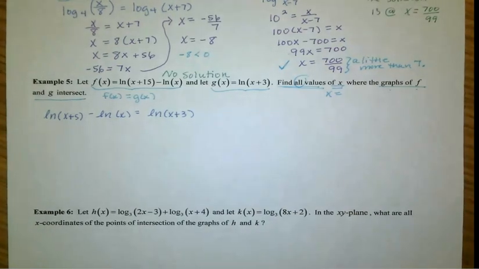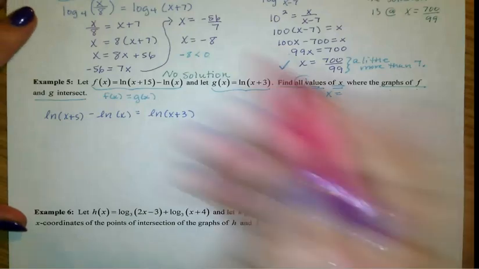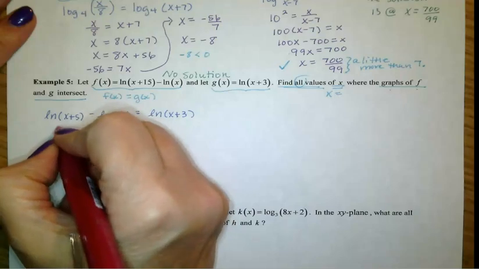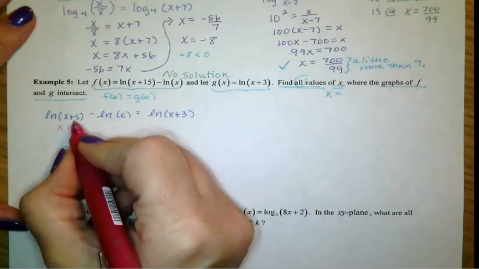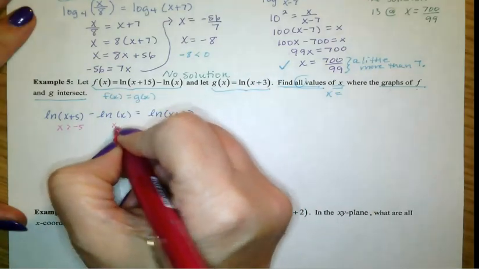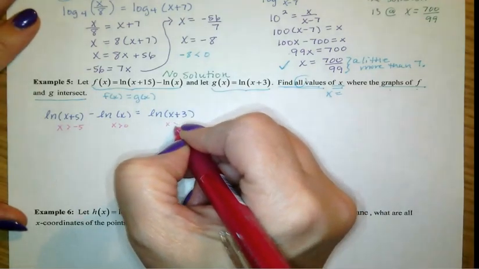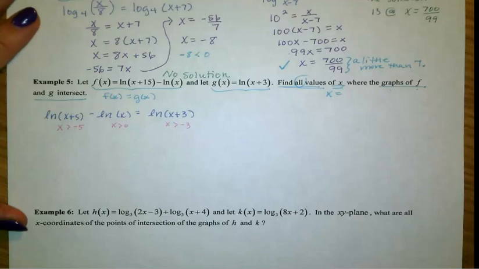So now if you look at the problem, like we have been doing through this lesson, we know that when you're solving, x is going to have to be greater than negative 5, because this is going to shift to the left 5. It also would have to be greater than 0, and it also has to be greater than negative 3, because this is going to shift to the left 3.